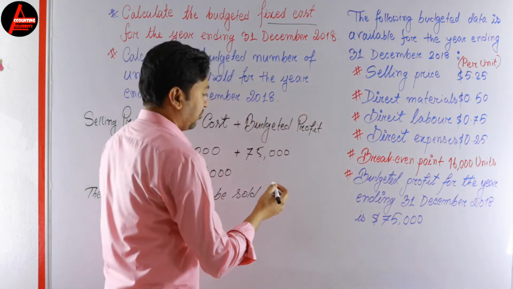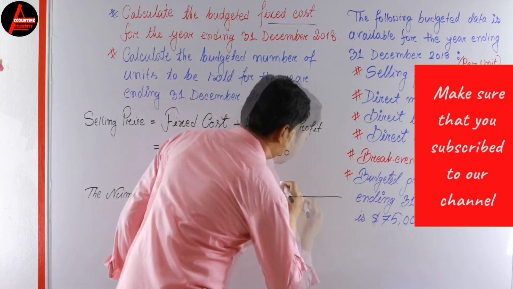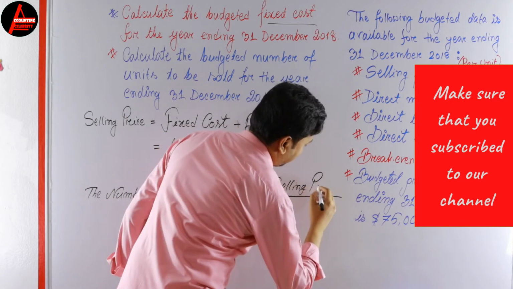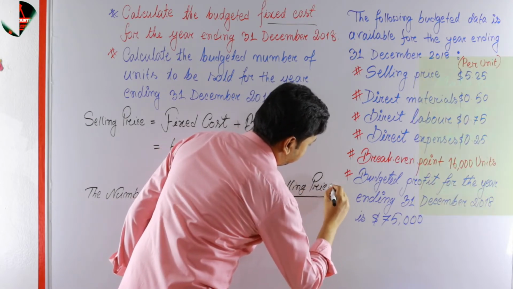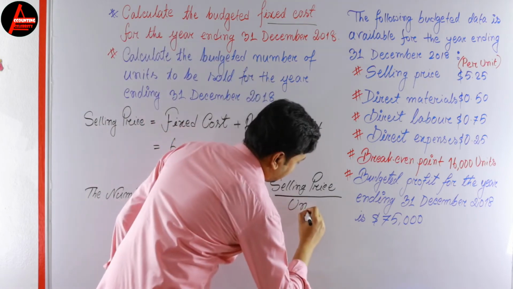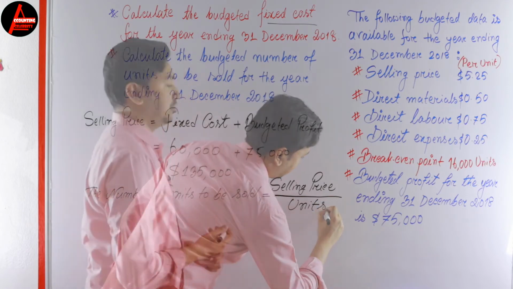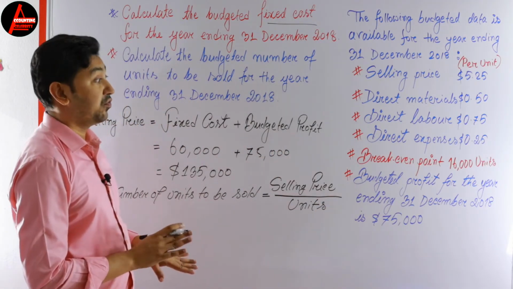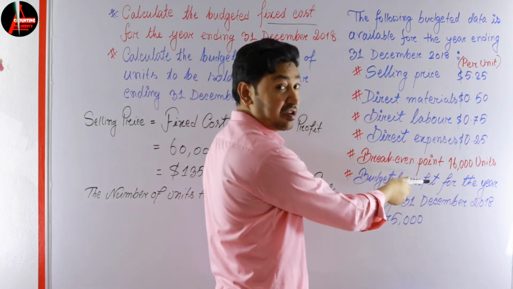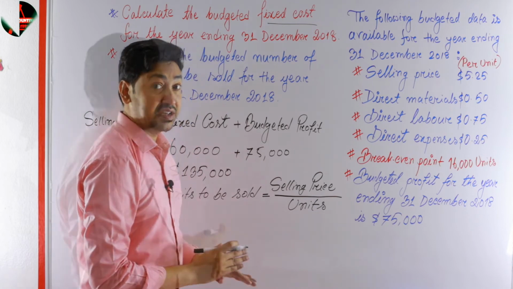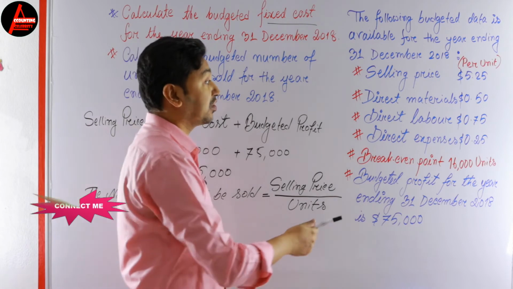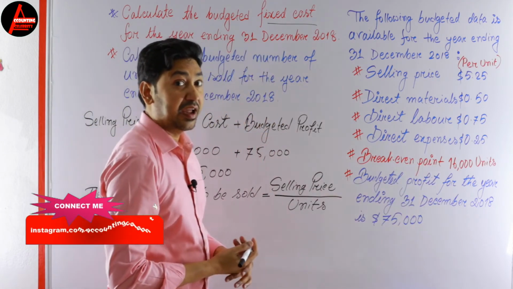Okay, so let us write here selling price divided by units. Okay, so we are doing everything for this 16,000 units. So first of all we calculated the fixed cost for this 16,000 units. Now we are calculating the number of units to be sold for this 16,000 break-even units.